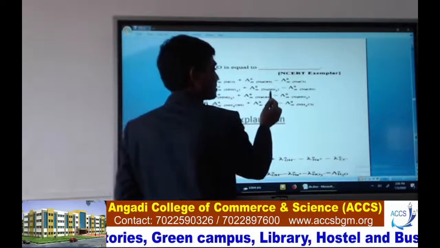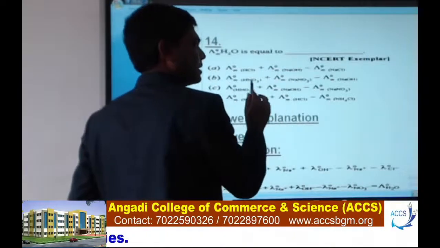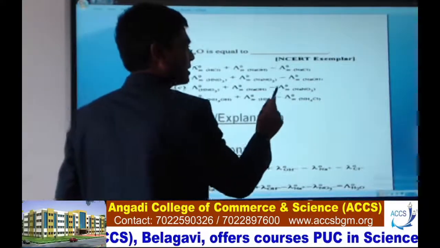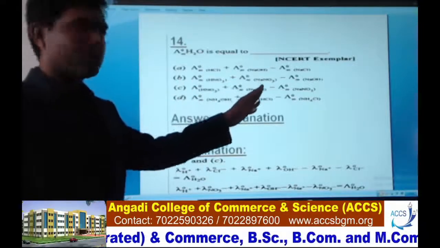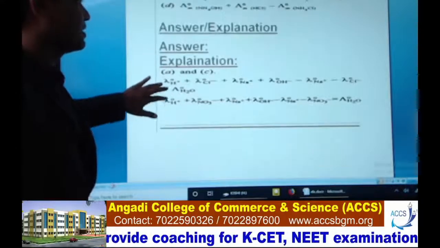Acid strong, salt, then we have taken base, wrong. Acid, base, salt, correct. Base, acid, salt, but strong acid and weak base, when you calculate all that, you will not get a ratio. So the answer for this one is A and C.